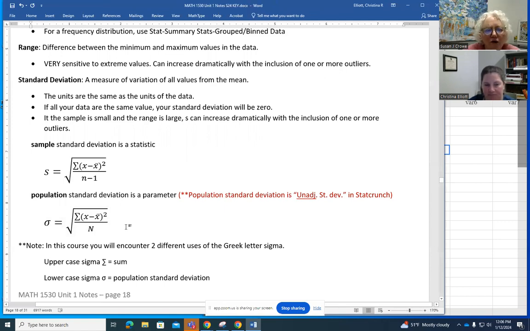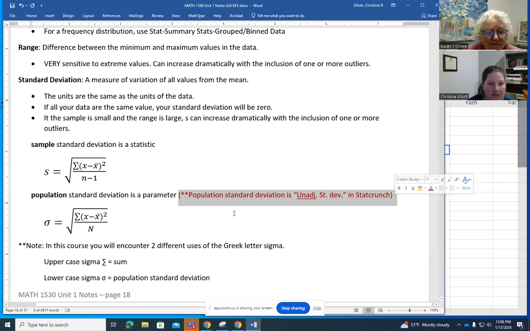So in StatCrunch, how are we going to communicate whether we're looking for a sample standard deviation? We're almost always looking for a sample standard deviation, unless you're specifically told that it's a population data set or a census. Then you're going to assume you're looking for a sample statistic.